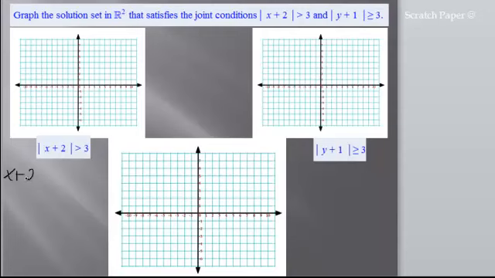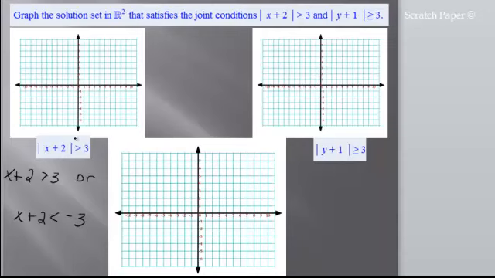If you have absolute value of x plus 2 is greater than 3, you remove the absolute value, write it just like it is. Since this is a greater than, this becomes or, and you also have x plus 2, you flip the inequality over and you make the right side negative.